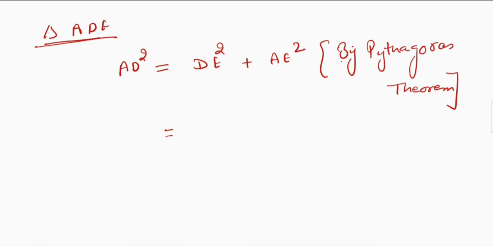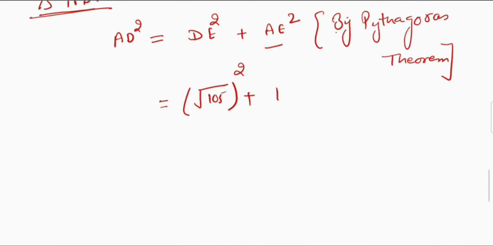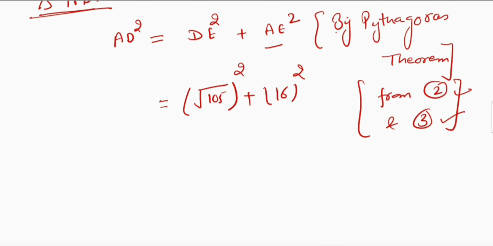DE, from the third equation, is root of 105 whole raised to power 2, plus AE is equal to 16 centimeter squared. I have taken this from the second and third equations. So we'll get 105 plus 16 square, which is equal to 256.